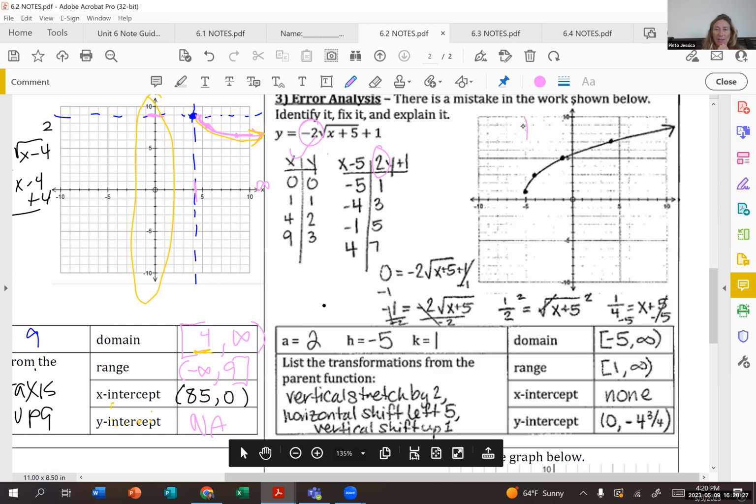So if I sketch this at -5, comma 1, my A value should be -2. That is going to change the range and the x-intercept and the y-intercept. Well, let's see if maybe they did their work for the y-intercept correctly. Got negative. Let's see the work for that. So here's the work for the x-intercept.